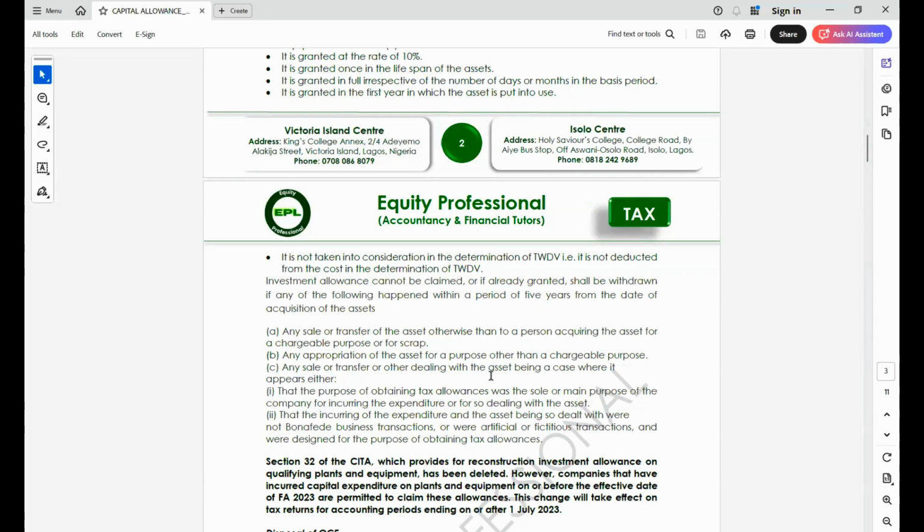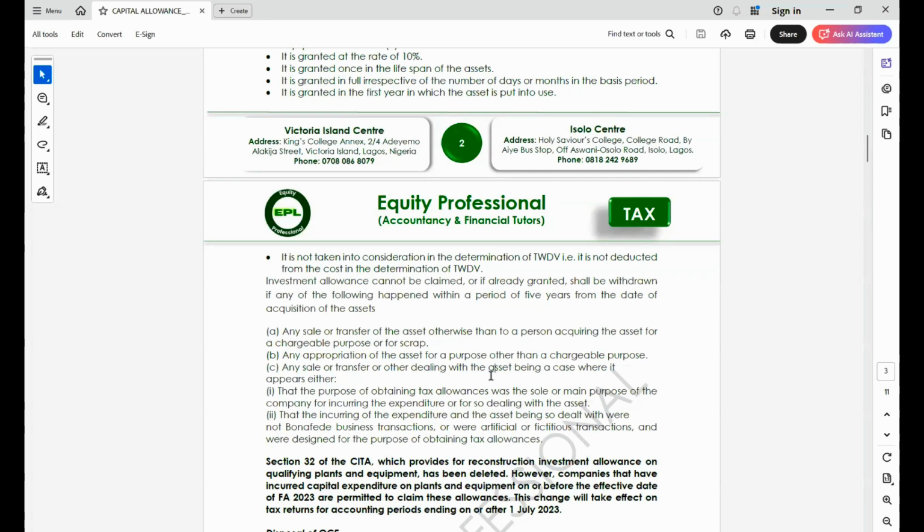What that means is that for any year of assessment, that is 2023 and beyond, if the taxpayer acquires plant, machinery, and equipment, that asset is not going to qualify for investment allowance, because that investment allowance is no longer available.